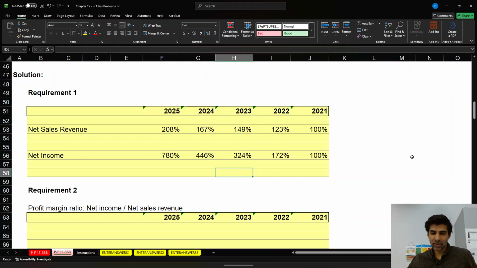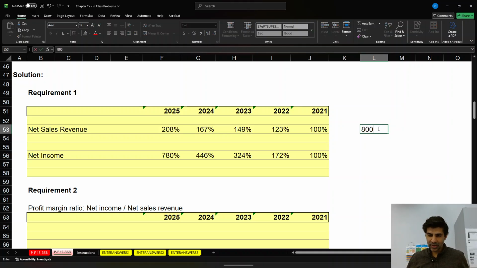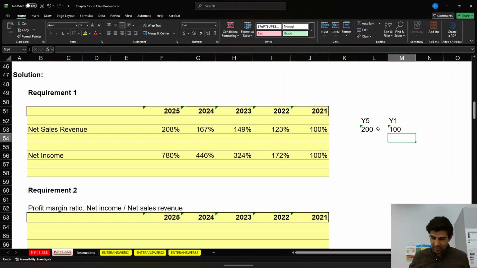So, for example, if we had 800 and 100, so this is year one and this is year five. Sorry, let's make this 200. And in this case, we had $80 of expenses. So this minus this is 20.